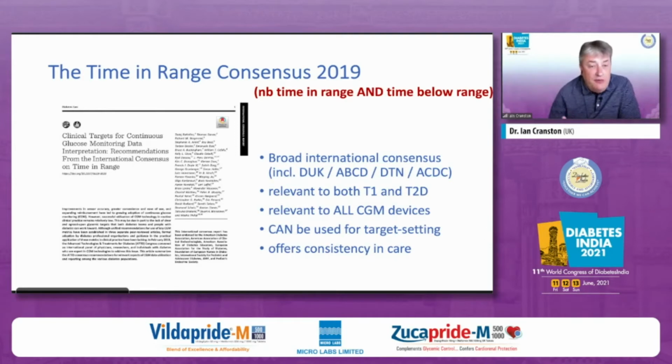Now, I personally wouldn't necessarily say, look, the goal here is to achieve a time in range of 70% for everybody. But I think if we take where they are now, we can use the target setting to slowly increase that time in range. And so it also allows us, if we all use the same tool, to offer consistency in an individual's care if they're seeing different healthcare professionals over time.